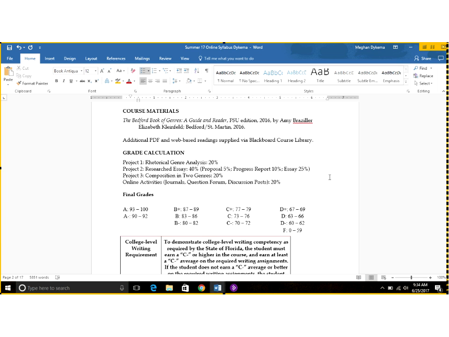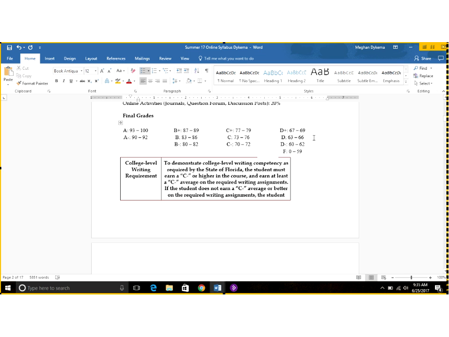That's worth 10% of your grade. And then the essay itself is 25%. The final project is the composition in two genres. That's also worth 20%. And then you can see the homework, the online activities, your journals, your question form, your discussion posts. Those are also worth 20% of your grade. So my comment earlier about doing the homework on time, you can see that that's going to add up really quickly.